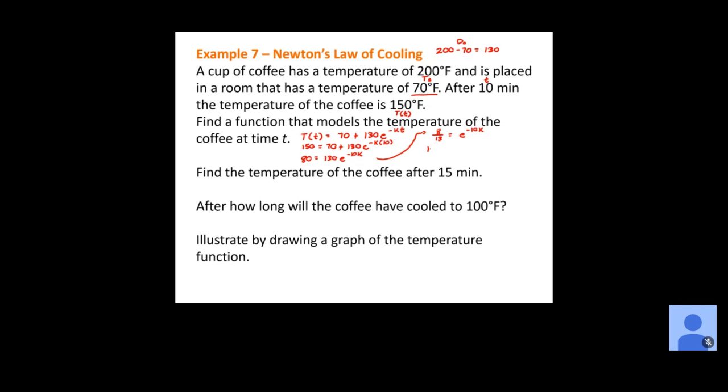Take your natural log on both sides. So we have natural log of 8 over 13. Remember, taking the natural log over here is just going to give you the exponent, negative 10k. And then we divide both sides by negative 10. If we find a decimal value for that, natural log of 8 over 13 divided by negative 10, that's going to give us 0.0486.